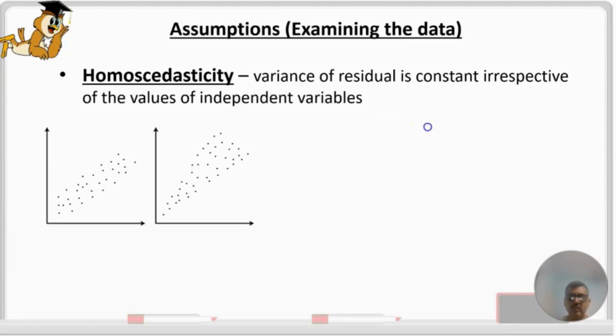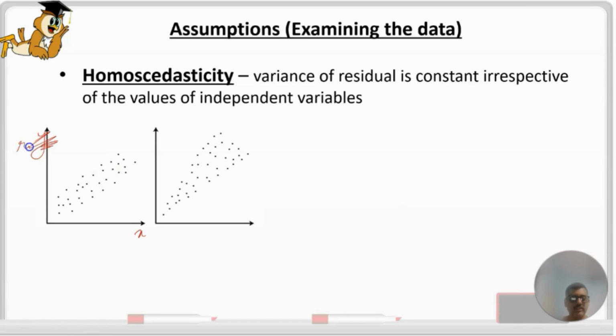Let me try to show this in a graphical way. If this was your independent variable along the x-axis, and this was your dependent variable, and if this was the plot of your residues, note that you shouldn't look for linearity here. This is not y versus x. Sorry, this is actually not y.